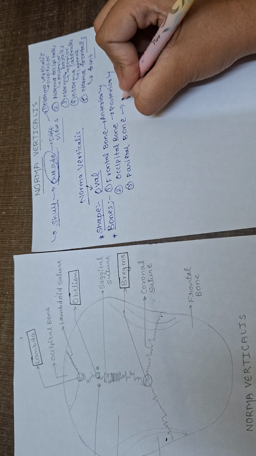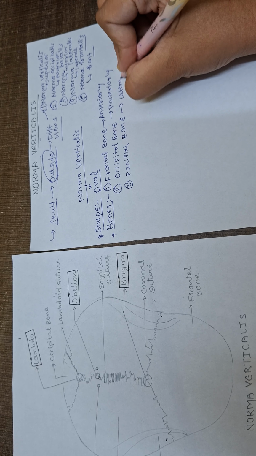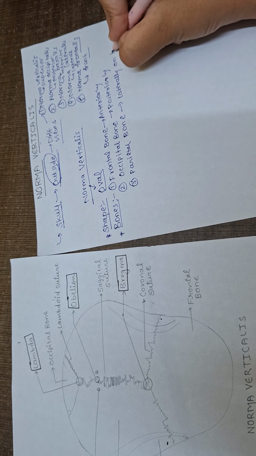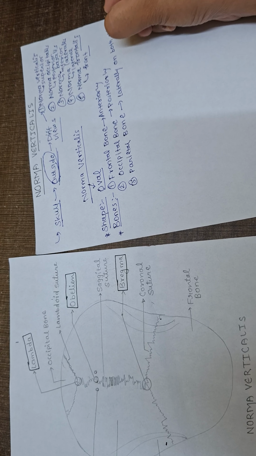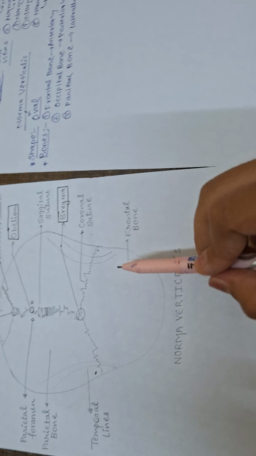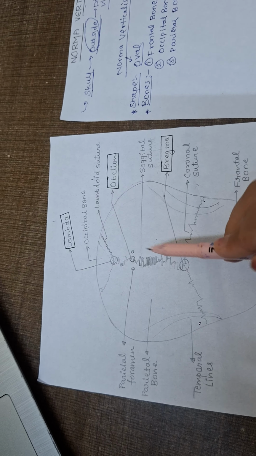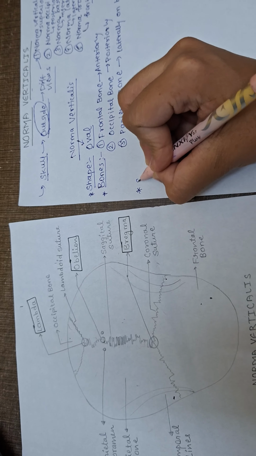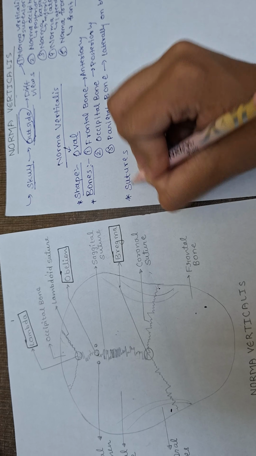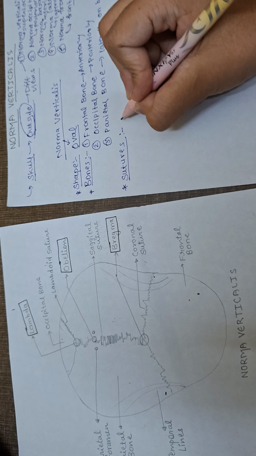And the parietal bone is present laterally on both sides, right? So the frontal bone you can see here, then we have the parietal bones on each side, and then we have the occipital bone.